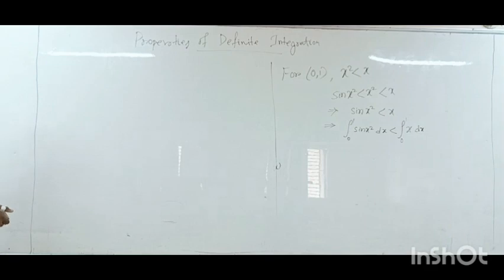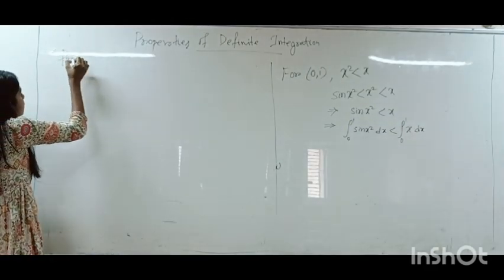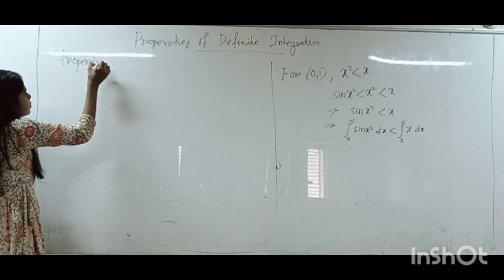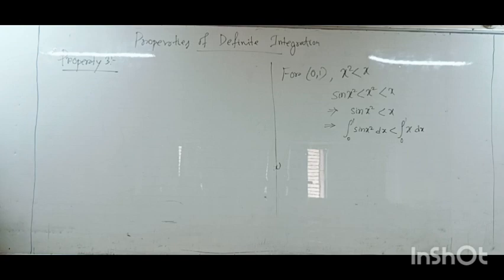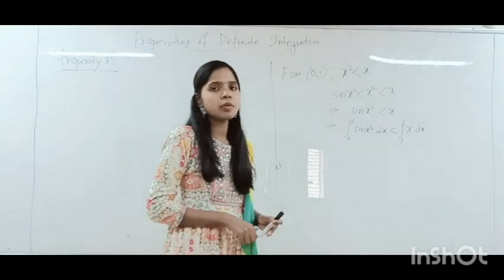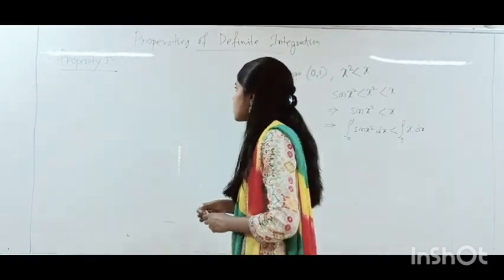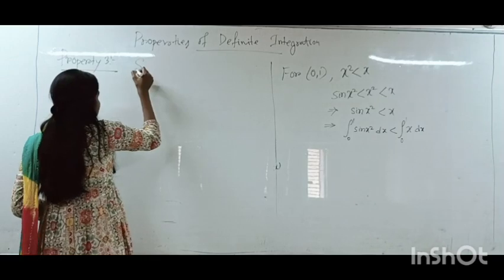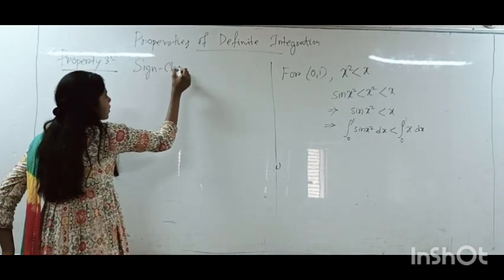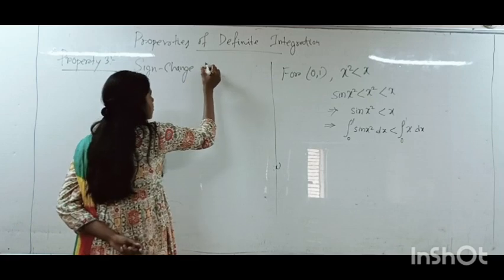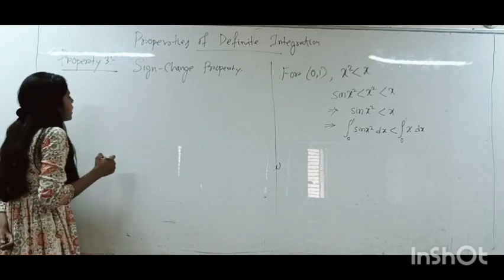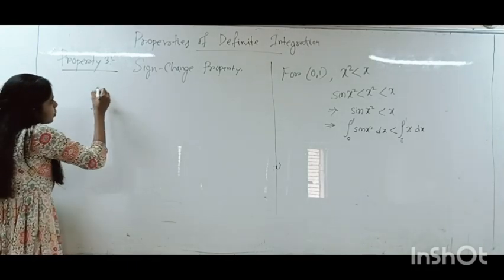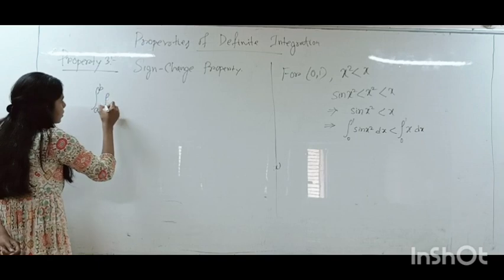So now third property, property 3. Property 3 is called the sign change property. Let's take an integral a to b of f(x) dx.